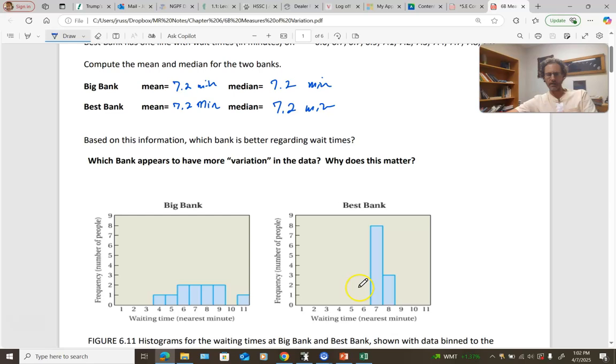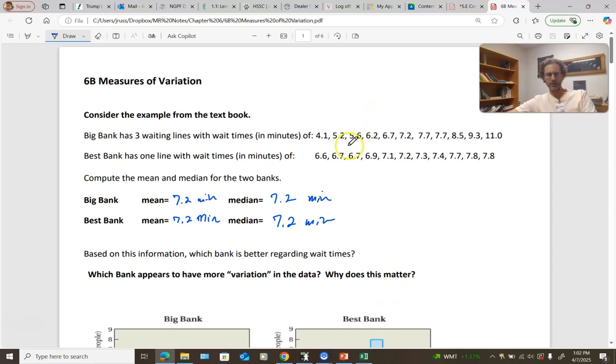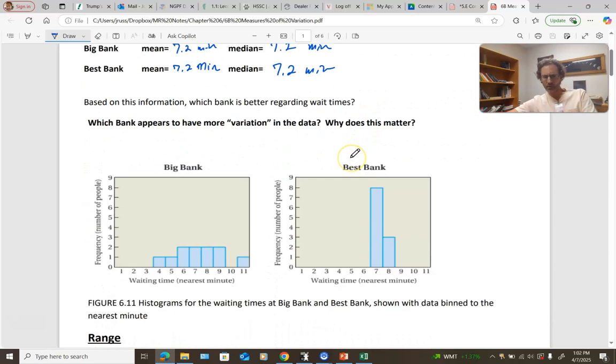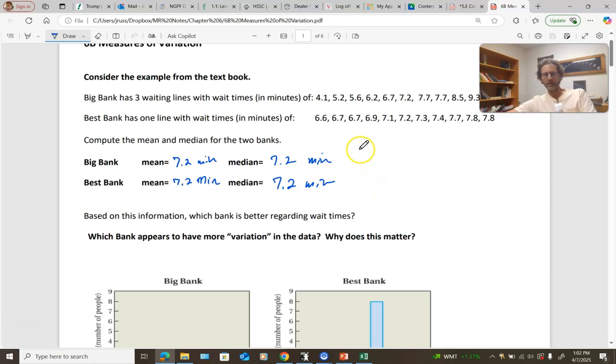Look at Best Bank. Best Bank only had wait times in the 7 to 8 minute range. And if you look at that, or well, it looks like it may actually go like from 6.5 to 7.5, and then from 7.5 to 8.5. That's actually what's happening. So yeah, from 6.5 to basically 8.5, we have all the data in here.